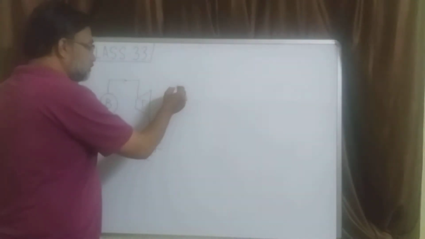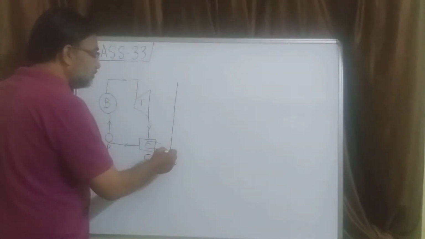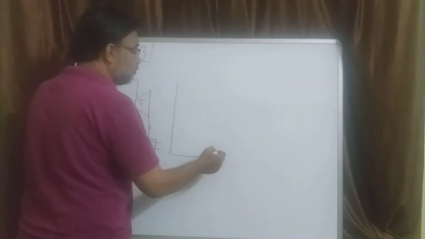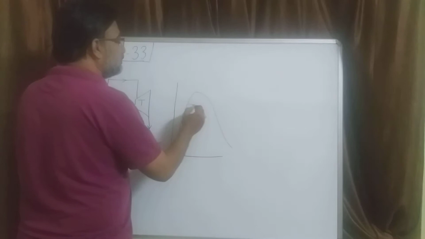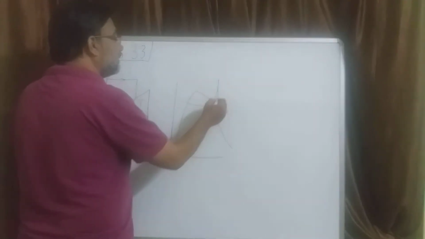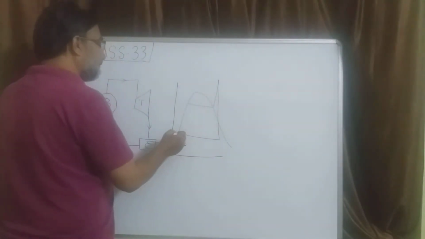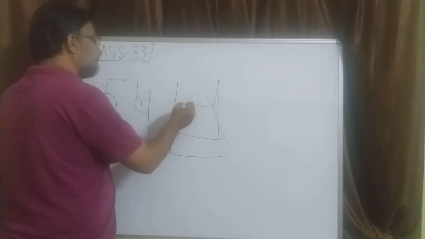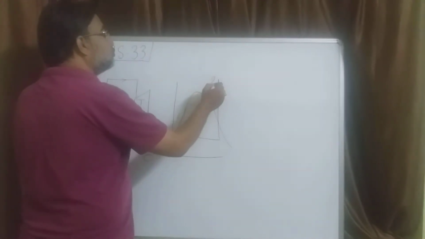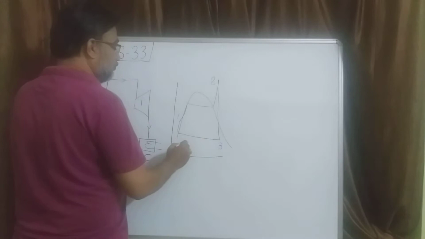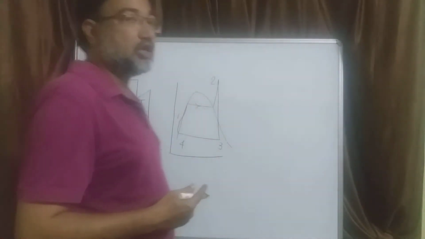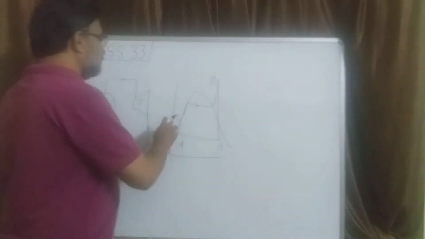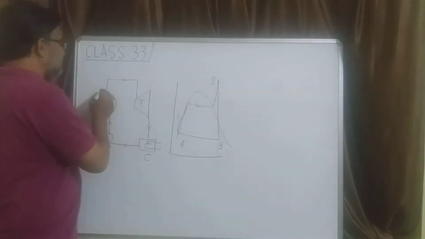If you represent these processes that the steam or water will undergo in a TS diagram, then the TS diagram will look like this. 1, 2, 3, 4. 1 to 2 is a reversible constant pressure heat addition process, and this is happening inside the boiler.